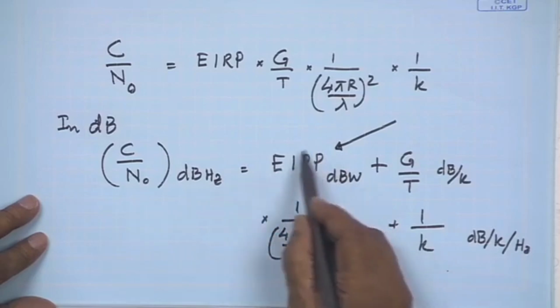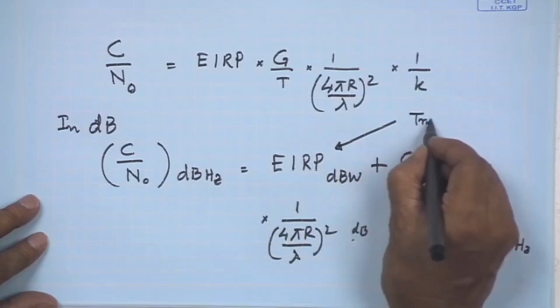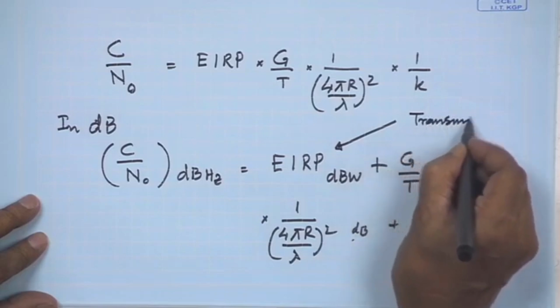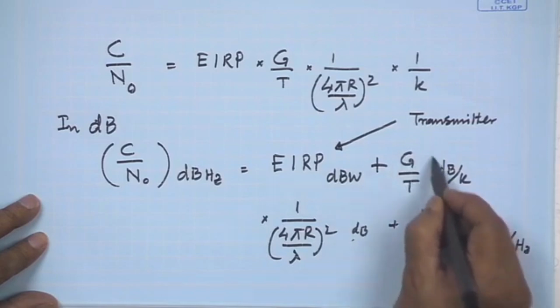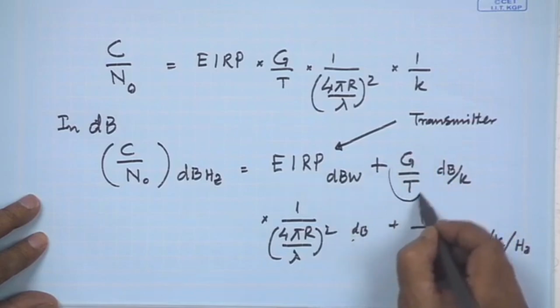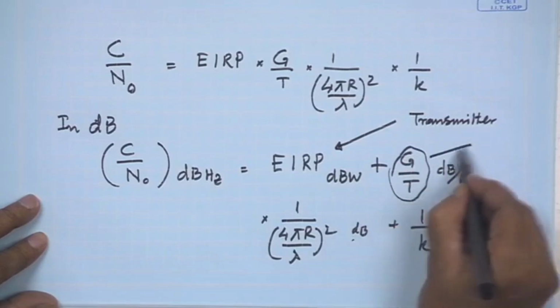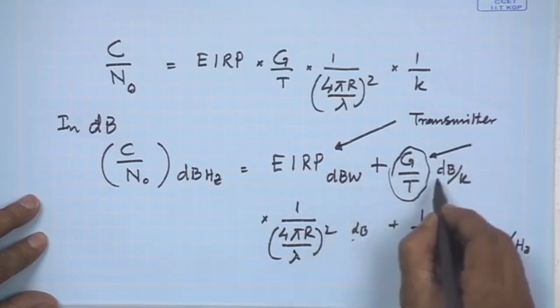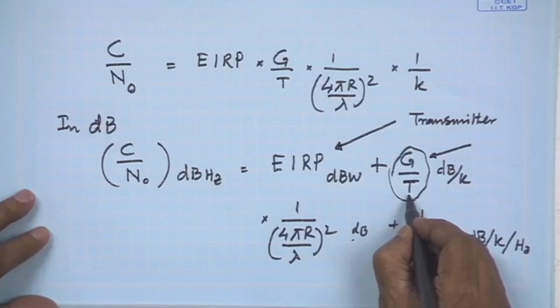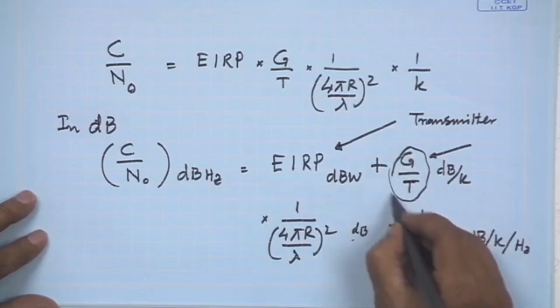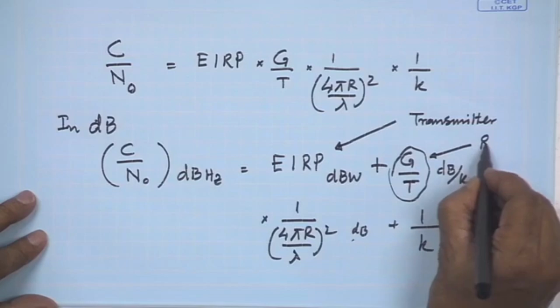This is the characteristic of the transmitter side. Now, there is a term G by T, where G is the receive antenna gain, and T is the system noise temperature of the receiver. So, this G by T characterizes the receiver.